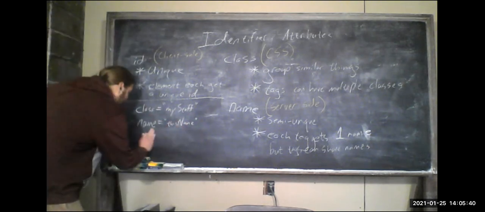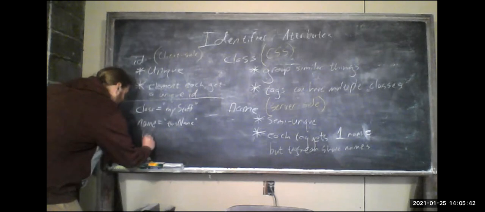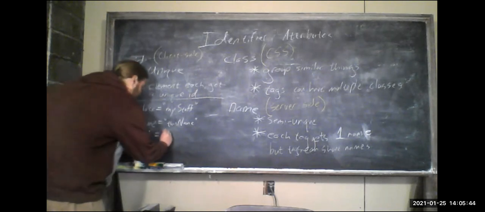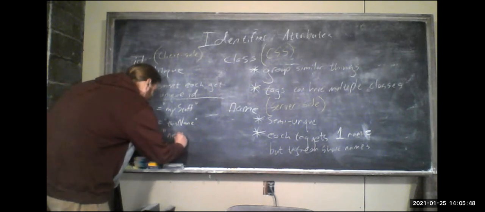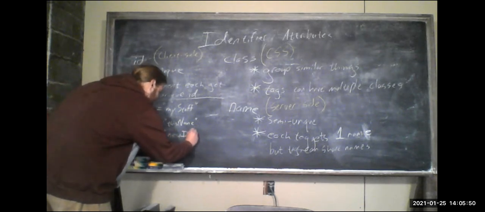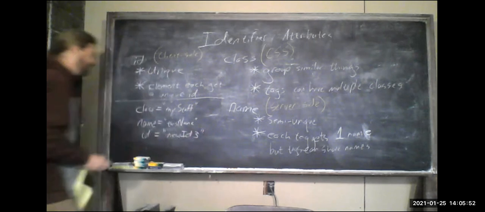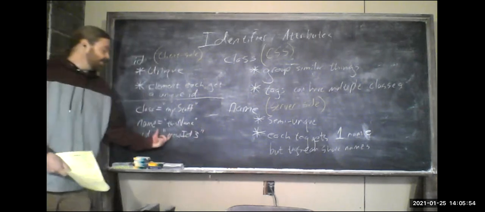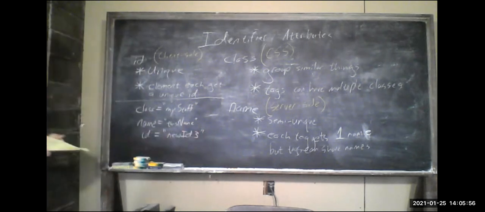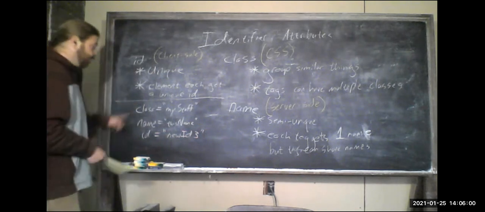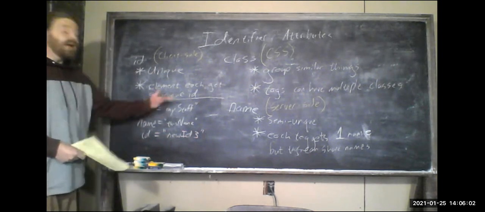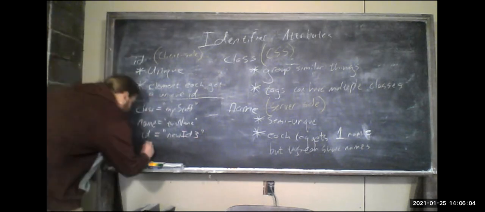Same thing with ID. ID equals new ID 3 or something. And the attribute is assigned a string, something in quotation marks. And I mentioned briefly, we can have more than one class. If we have more than one, just space delimit them.